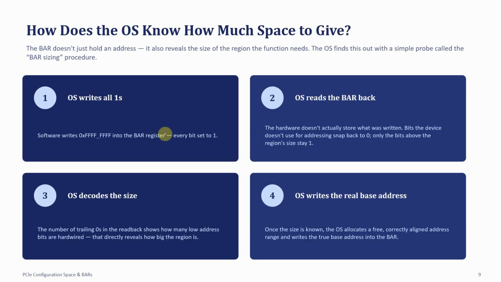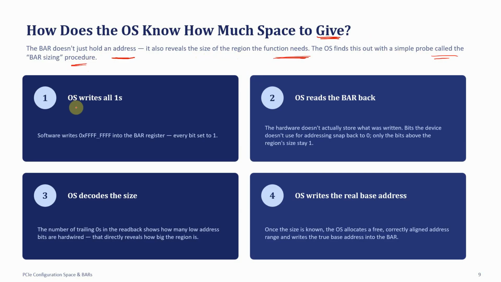How does the OS know how much space to give? The BAR doesn't just hold an address. It also reveals the size of the region the function requires, and the OS finds this out with a simple probe called the BAR sizing procedure. Let us try to understand this procedure.